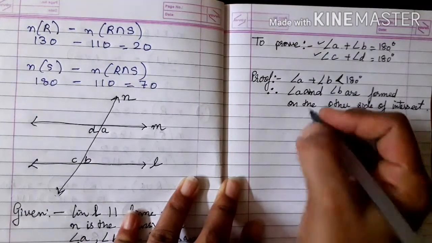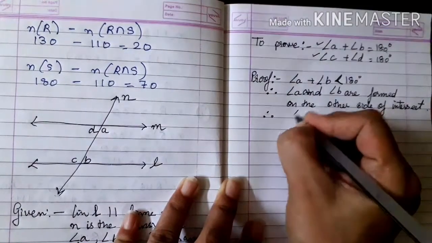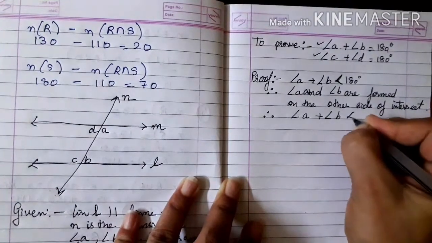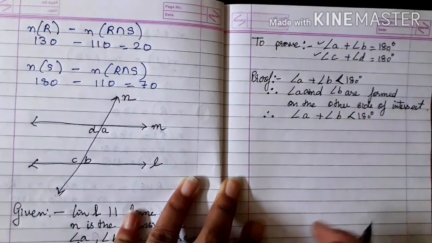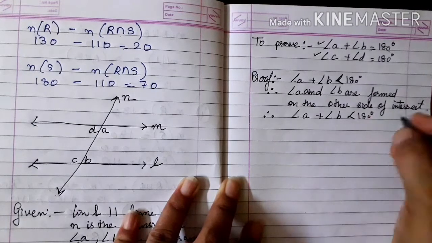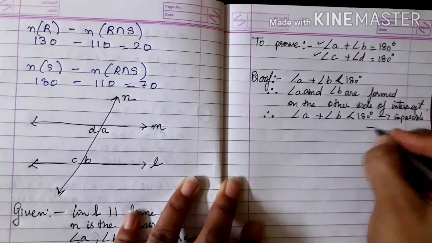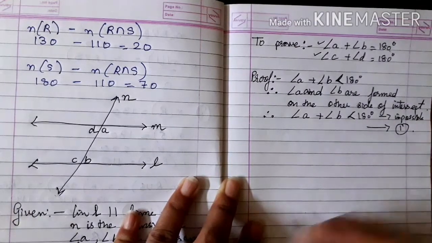Got it? So from this we can state that angle A plus angle B is smaller than 180 degrees, and this is impossible. This is our first conclusion.